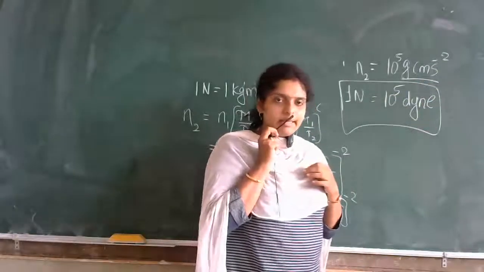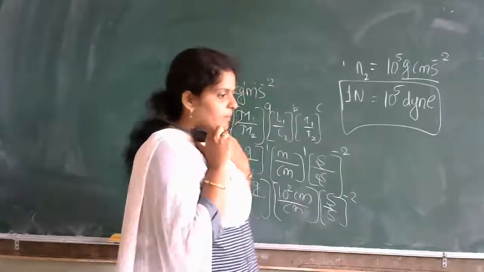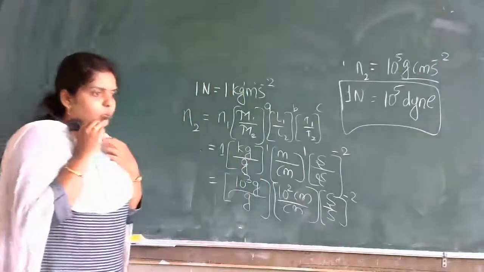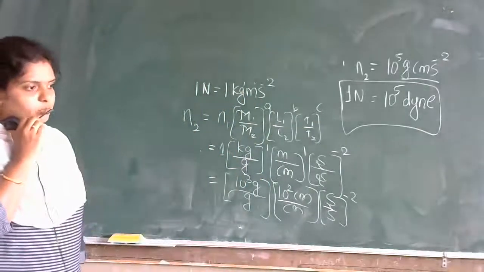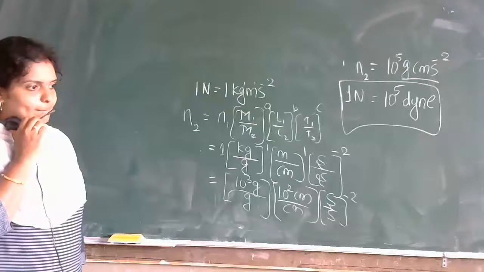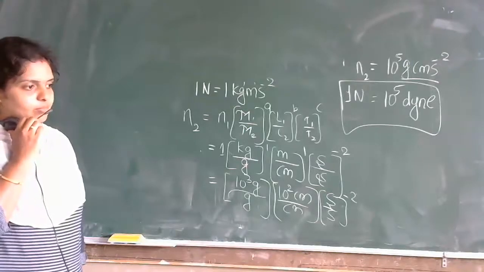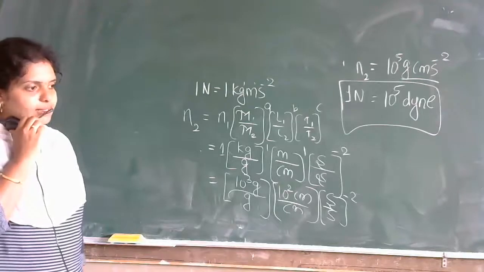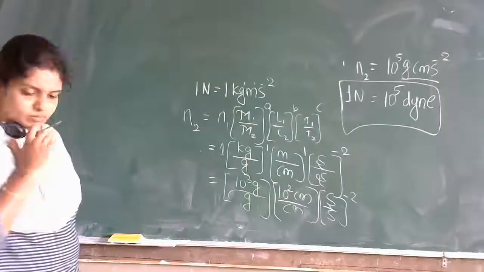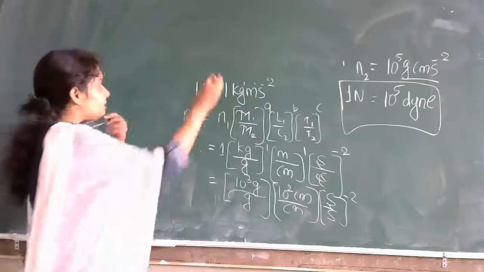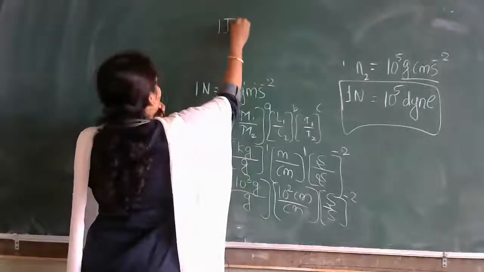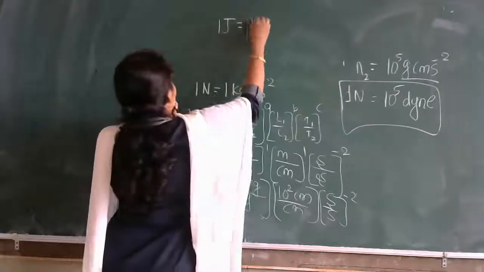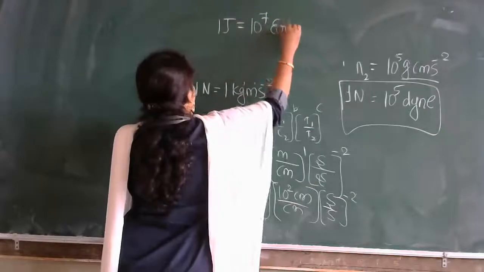Is it clear, everyone, how to convert this one? If you do one more, it will be perfect for you. One more you can take: 1 joule is equal to 10 raised to 7 erg, E-R-G.